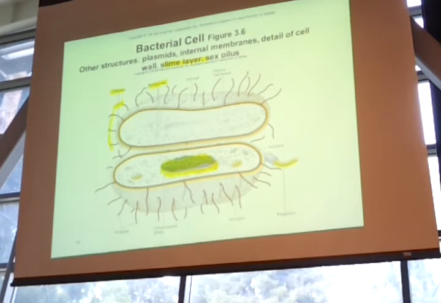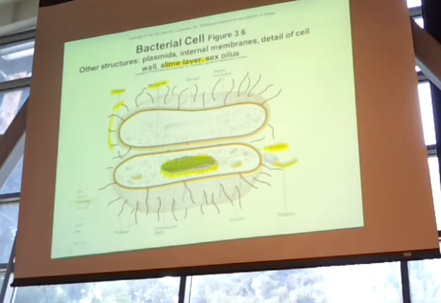You could put something like an S layer on the outside, which would be actually underneath the capsule. But the nucleoid is just this area in the cell. And what does the area consist of? That supercoiled double-stranded DNA.